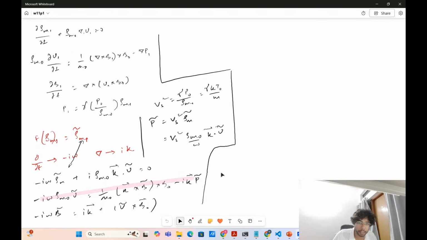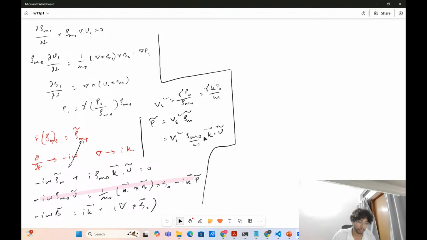Let's do one thing. From this momentum equation, you see we have u tilde, b tilde, and p tilde. We want this whole equation to be in terms of u tilde only, and we can replace b tilde using this equation, and we can replace p tilde using this equation.